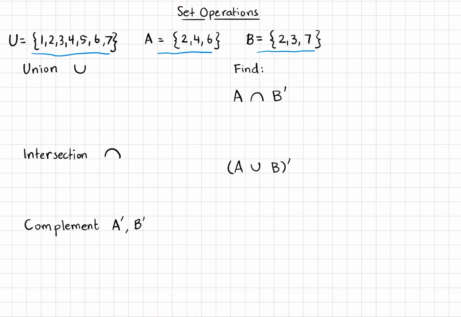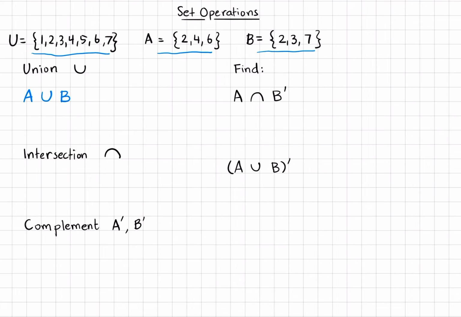It's more like the outline of a bowl of soup, if you want to think about it that way. And we use it this way. We write any set we want, and then we say A union B.